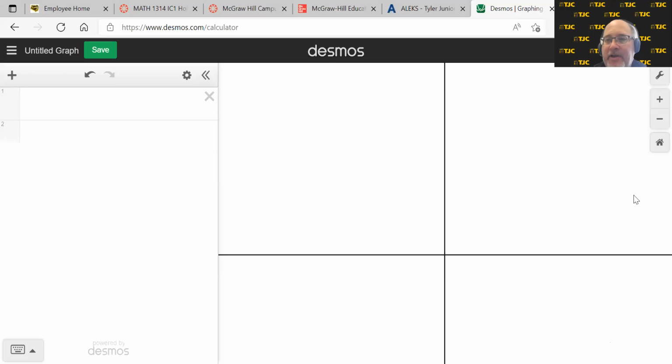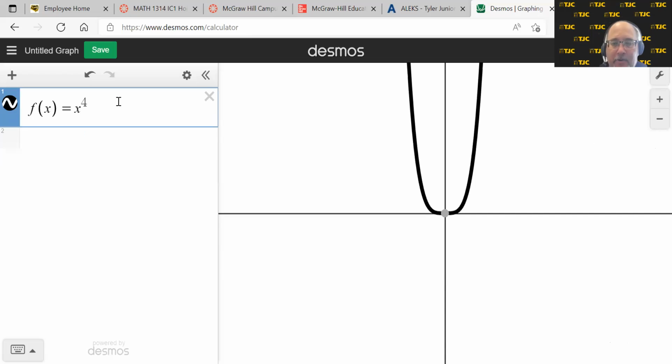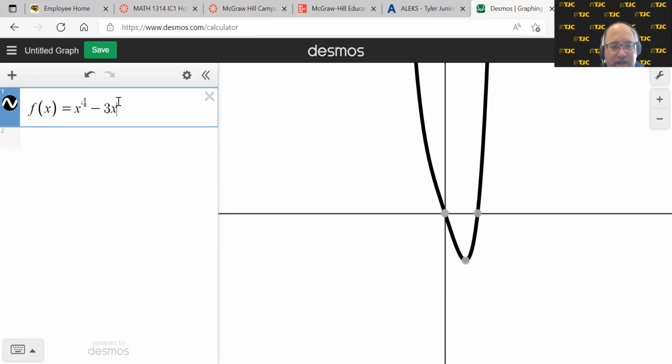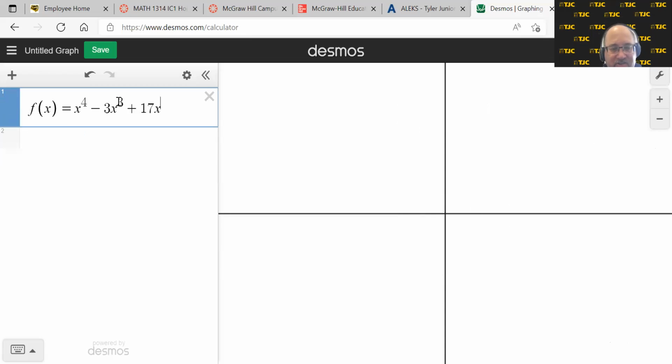I'm going to type a really lengthy polynomial function. I may have to zoom out to see some of it. We'll say f of x equals x to the 4th power minus 3x to the 3rd power plus 17x to the 2nd power minus 54x plus 11.